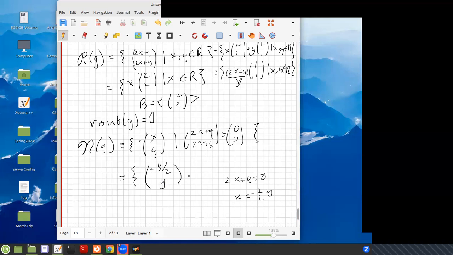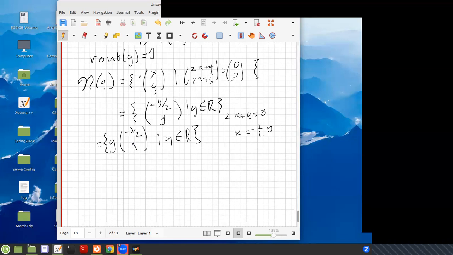You solve for the leading variable in terms of the free variable. There's only two variables, but you don't reverse it. So this is equal to y times minus 1/2, 1, such that y is a real number. So this is a basis for the null space, right?